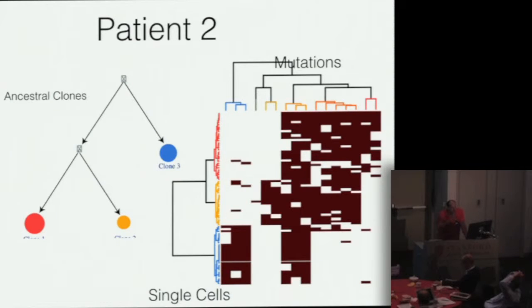But in practice here, it's not so bad, and is manifested in these diagrams by the white spots in the middle of the clones. And so, if you look around here, you can see that there's a non-trivial dropout rate, but it doesn't impair you from determining the clonal structure. And the reason it doesn't impair you is that the large number of alleles you look at lets you overcome the dropout rate.